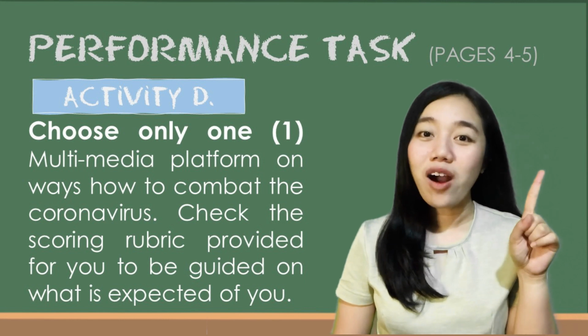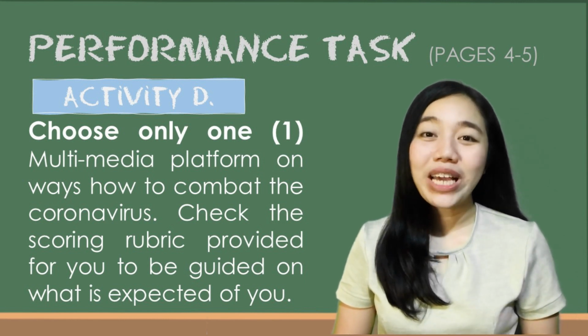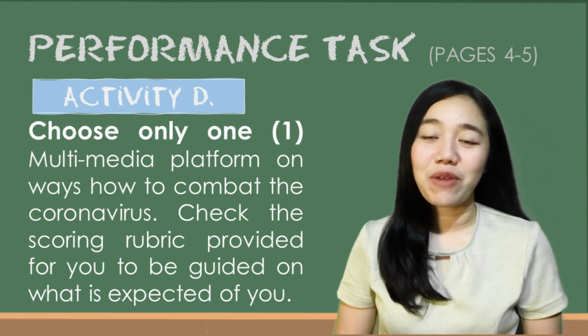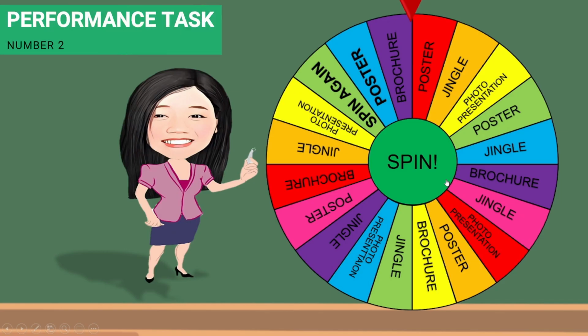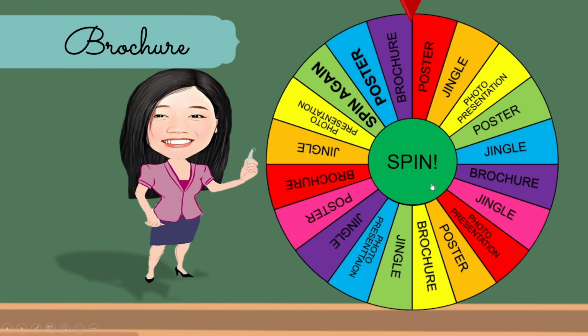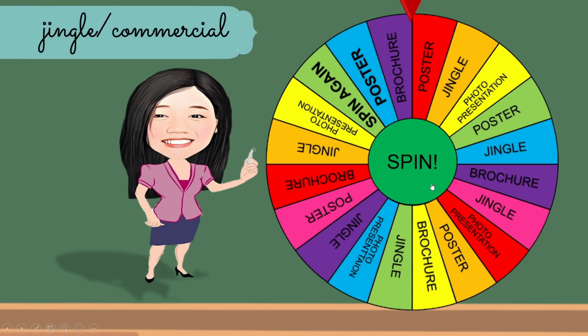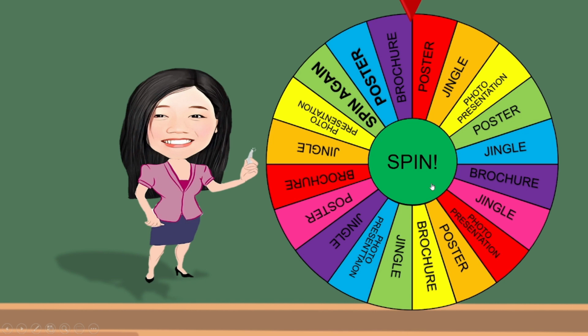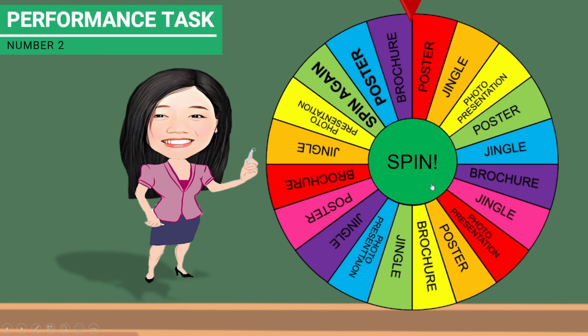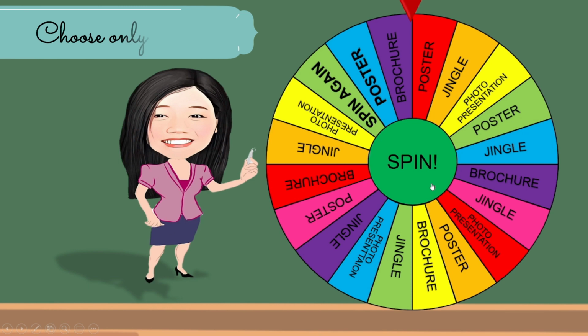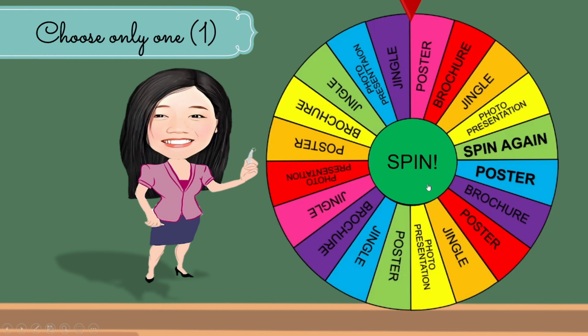Choose only one multimedia platform on ways how to combat the coronavirus. Your options are poster, brochure, photo presentation, jingle, commercial, or vlog. It's up to you. So for example, if you were thinking, what could be my performance task number 2?